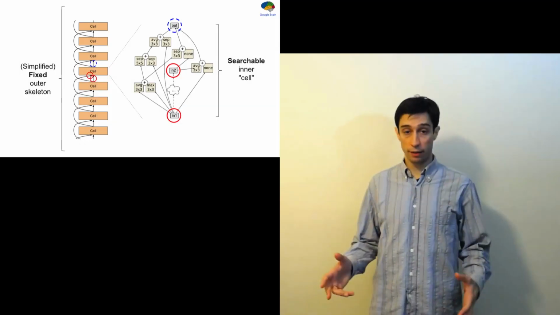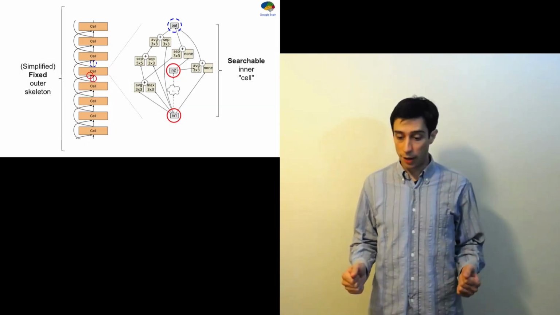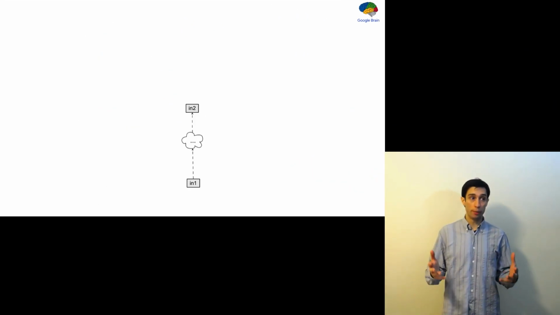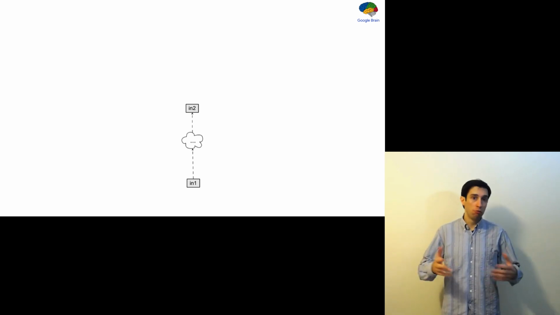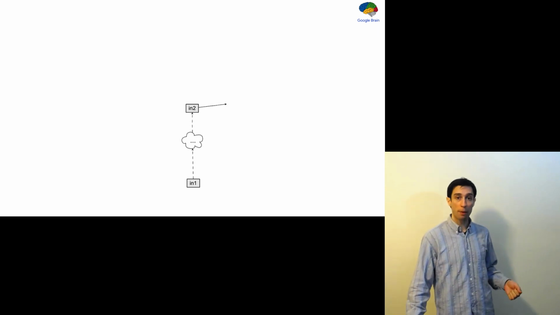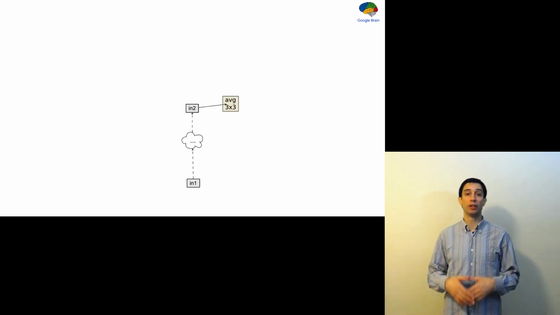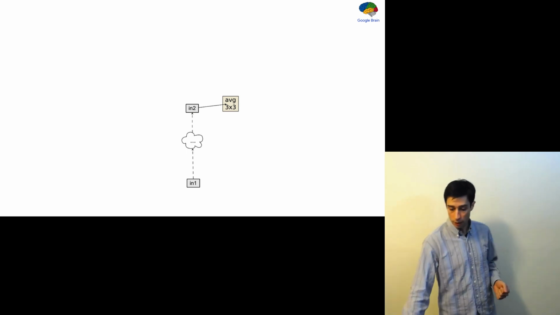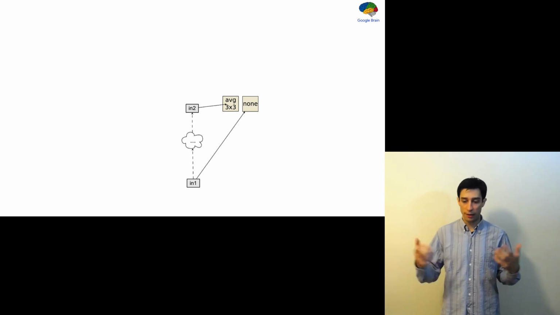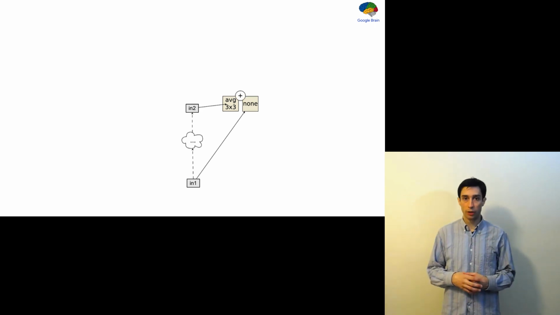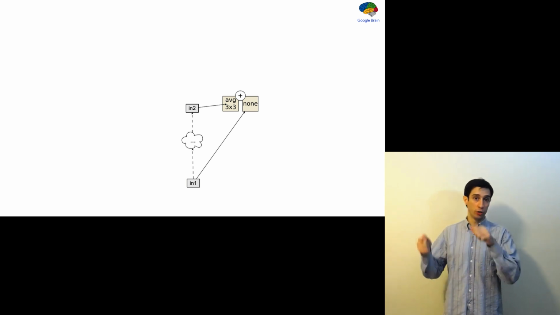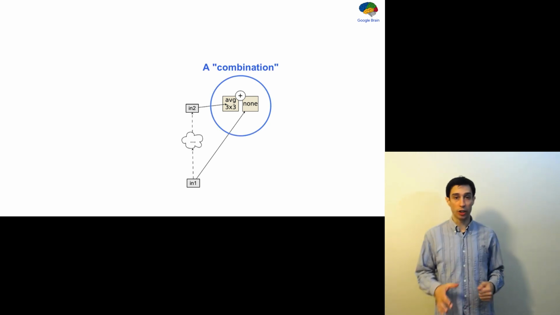Now, in order to understand the architecture of a cell a little better, let me reconstruct this same example part by part. So we start out with two inputs that provide two hidden states to act upon. And so, for example, we could apply to one of the inputs an operation, like an average pool. And then to the other input, another operation, like an identity. And then we sum the two, and we call this basic unit of applying two operations to two hidden states and summing them a combination.